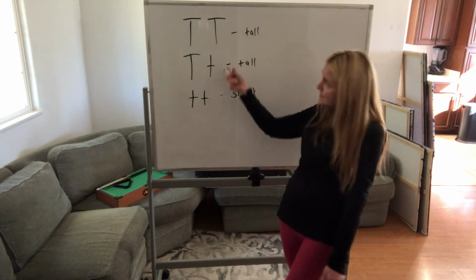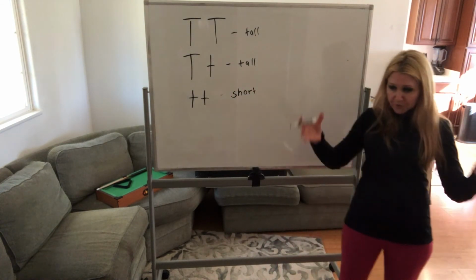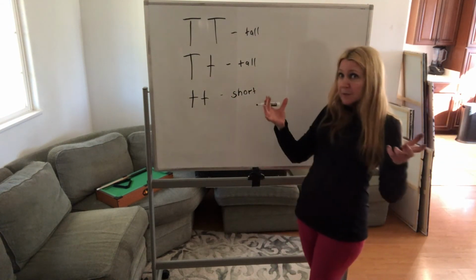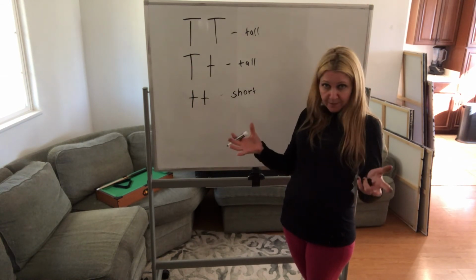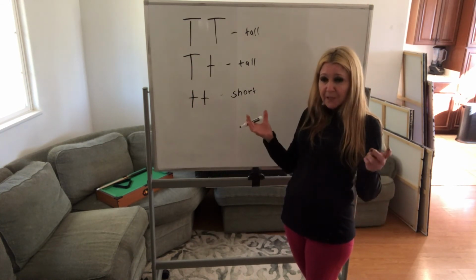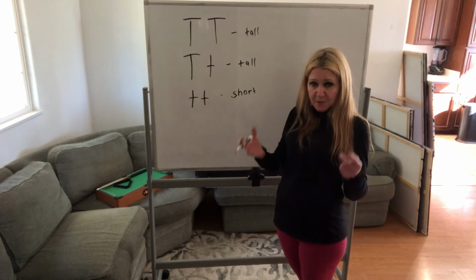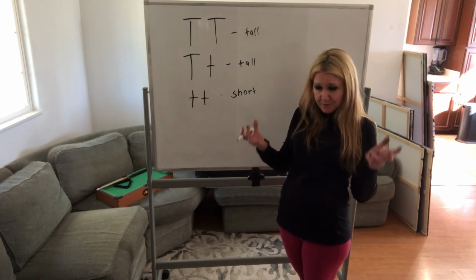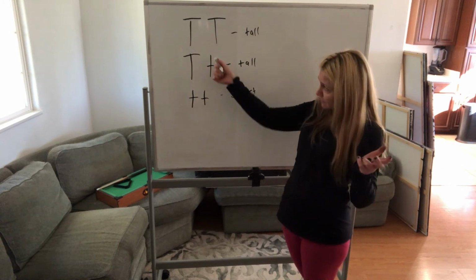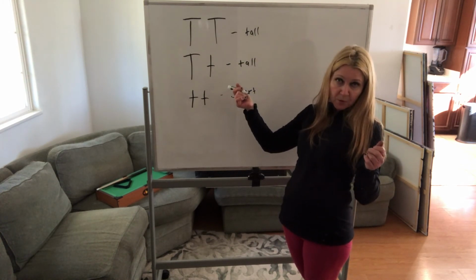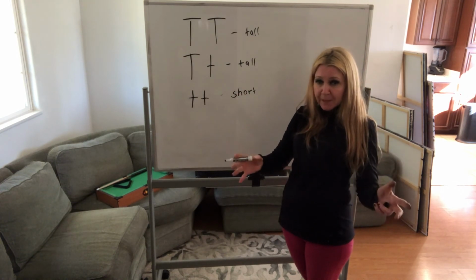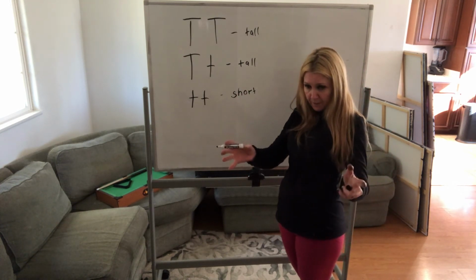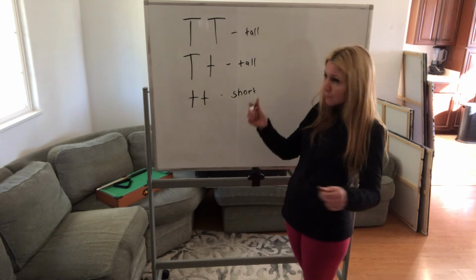Now how do we get these combinations? This goes back to fertilization. We're looking at the trait of height, being tall and being short, in pea plants. In humans, there are a lot more genes involved than just one. So many genes are involved in human height. But in the pea plants, it was determined that it was just one gene.